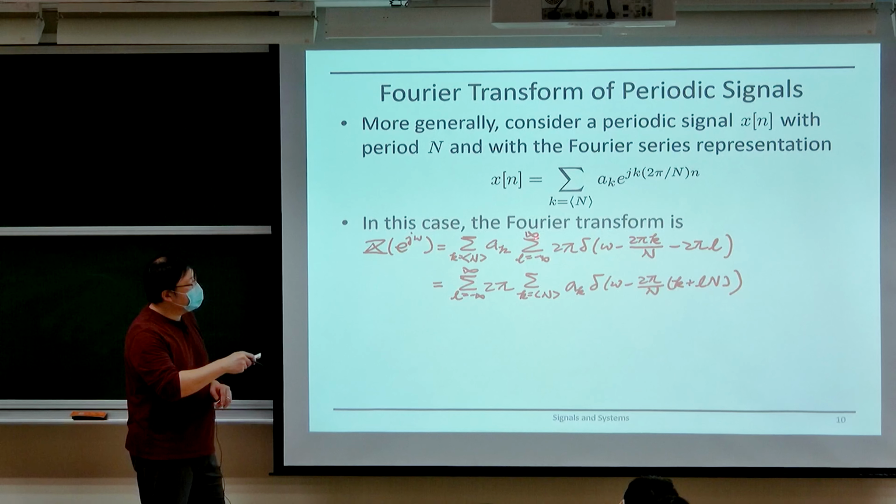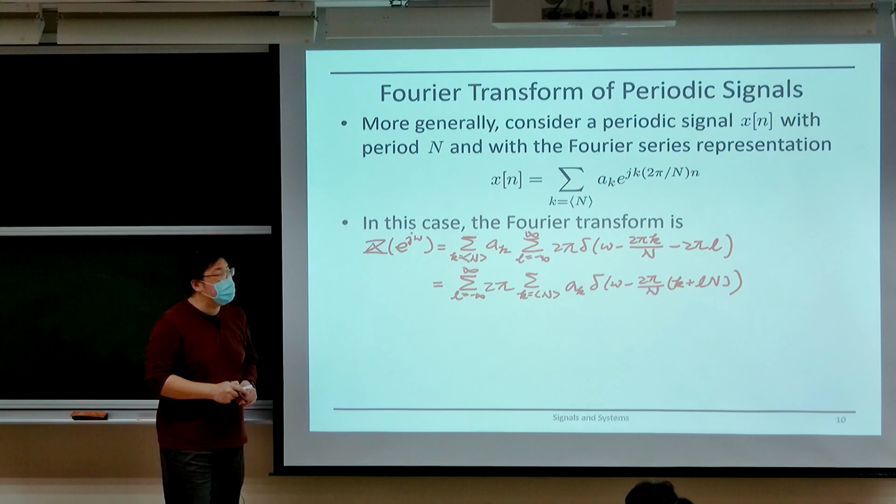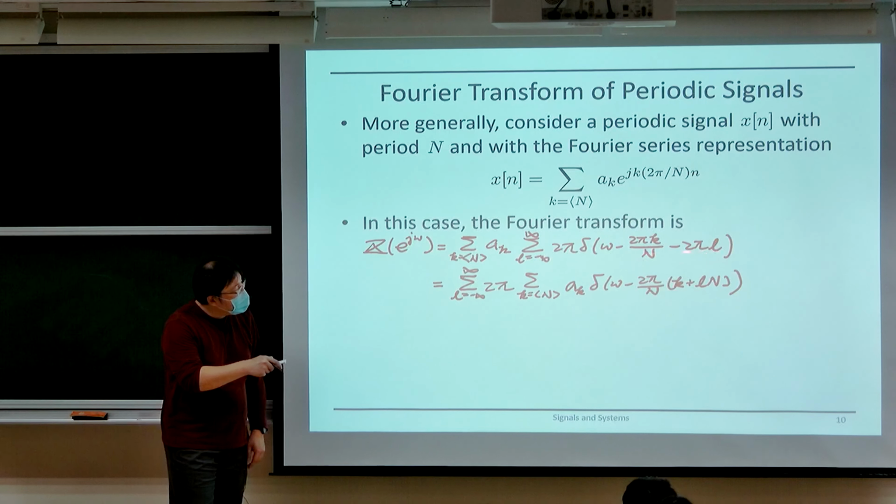Here I'm just exchanging the order of summation and combining these two terms, so I have 2 pi over capital N times k plus L capital N. Now here we have k that is summed over capital N consecutive values, so any consecutive capital N values can do. Let's pick a particular value and sum specifically from 1 up to capital N.